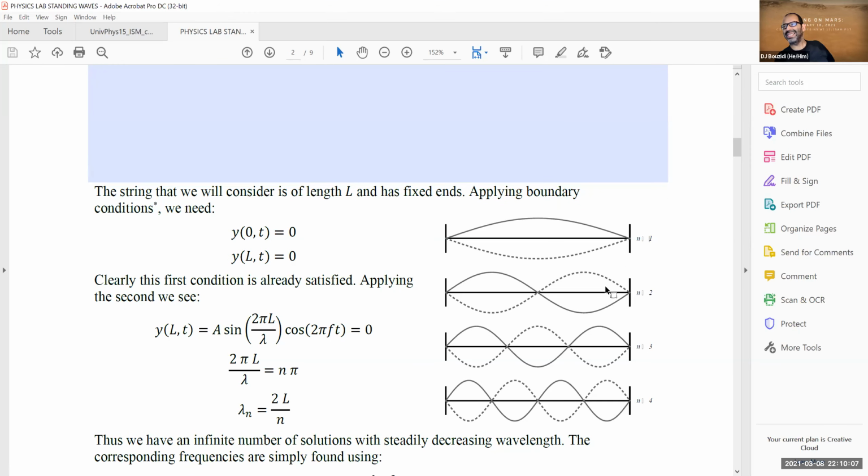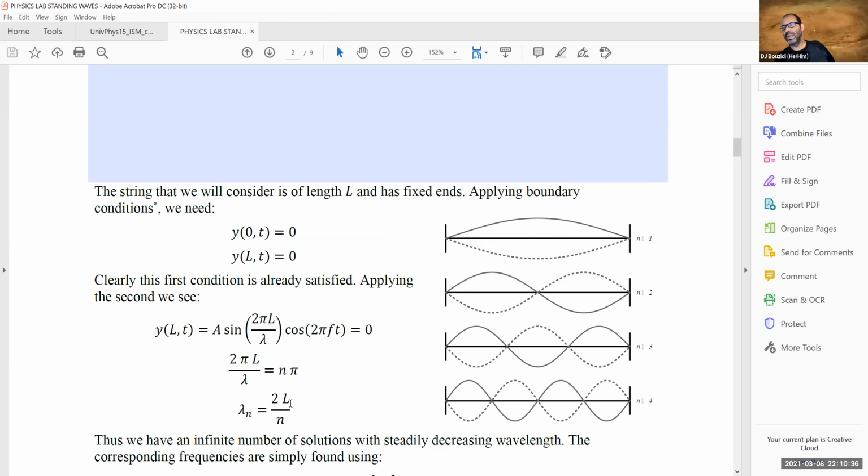Condition number 2 is the wavelength is exactly equal to 1 full length. And condition number 3 is the wavelength is actually, what is it, 2/3 of a full length. And condition number 4 is that the wavelength is what? 4 over 2L basically. That is, it's half the whole length, okay? And so on and so forth.